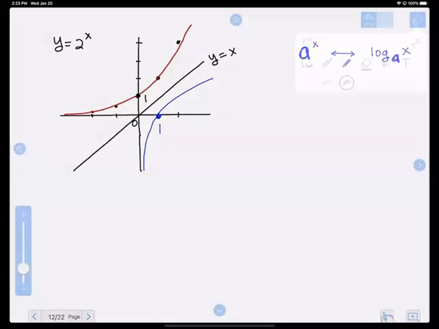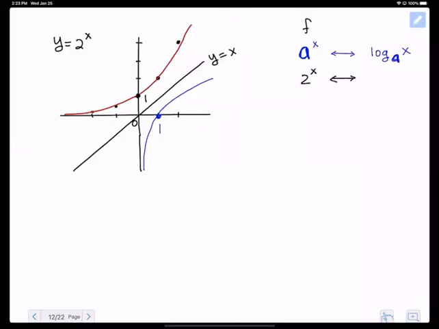Okay, let's go over once more. Suppose I have 2 to the x, so this is f of x, and that is f inverse of x, log base 2 of x. Okay, 10 to the x, inverse is log base 10 of x.